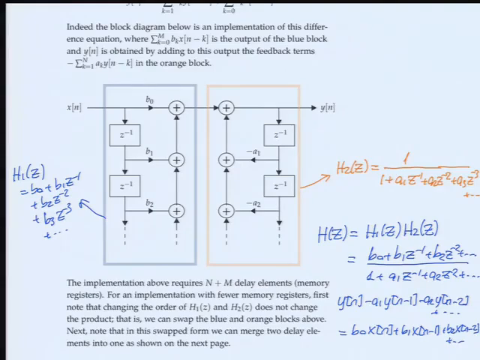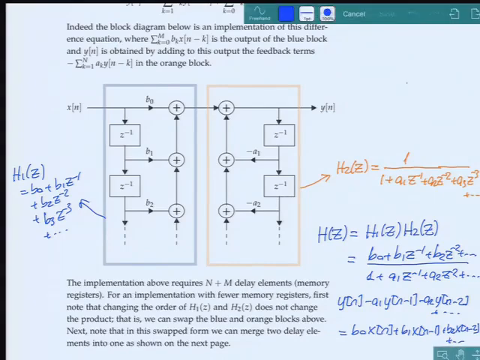So this block diagram shouldn't surprise you at all. Forget about the transfer function, just focus on the block diagram, and keep in mind that z inverse means delay. Then you should be able to see that this difference equation is nothing but a description of what's happening in the block diagram, or vice versa. The block diagram is showing us with a picture what this difference equation is doing. Because y of n is this output here, and what happens after it's multiplied by z inverse in the time domain?